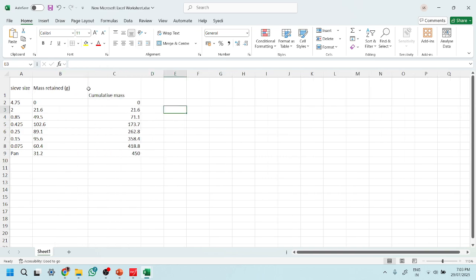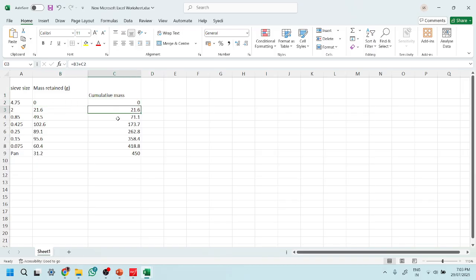Okay. So cumulative mass. Now we will check percentage finer. This is the mass retained.